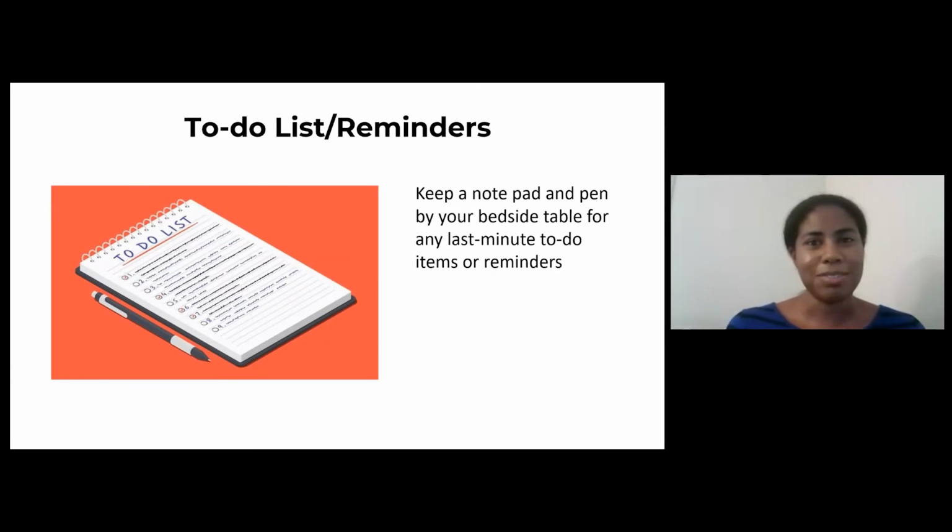Without this list, you might be sitting there trying to tell yourself to remember that in the morning and to make sure you don't forget. But the list can just be helpful to allow yourself to relax and settle into sleep.